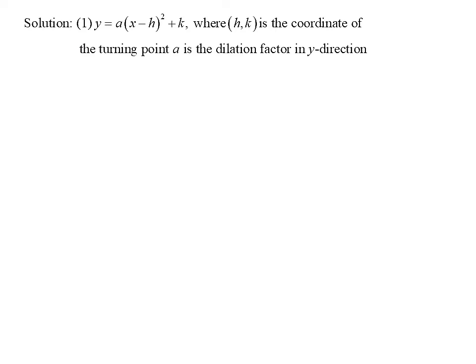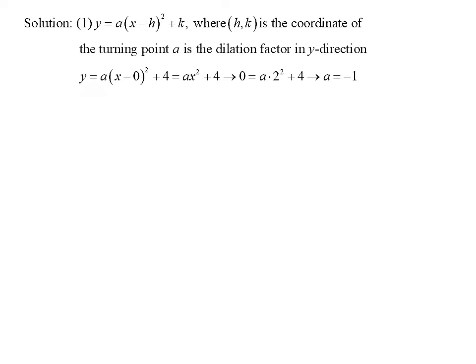Here, the coordinate of the turning point is (h, k), and a is the dilation factor in the y direction. Since the turning point of this parabola is given, which is (0, 4), after substituting we have y equals a times x squared plus 4.